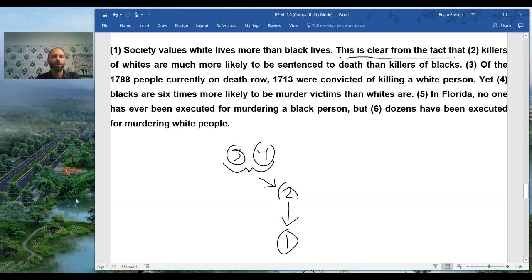So in Florida, no one has been executed for murdering a black person, and dozens have been executed for murdering white people. Let's put those together, 5 and 6. And together, those will show that the killers of whites are much more likely to be sentenced to death than killers of blacks.